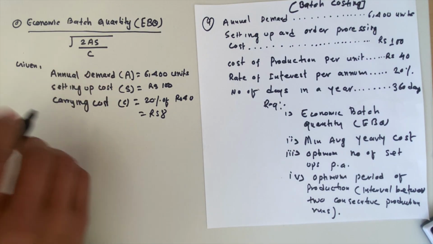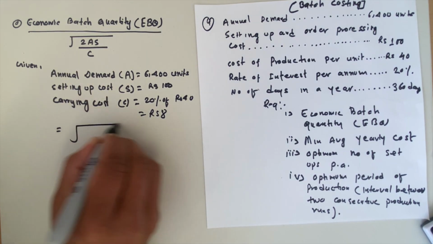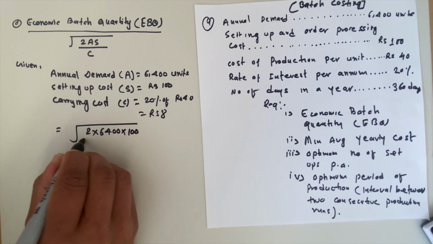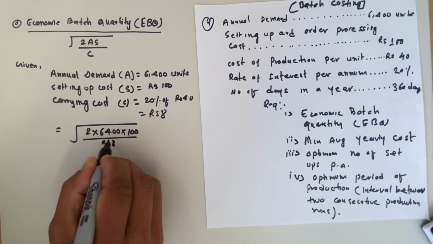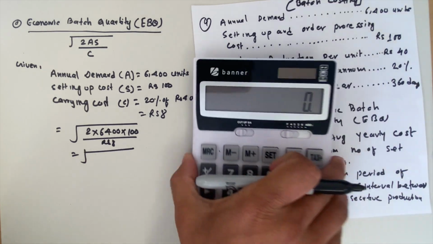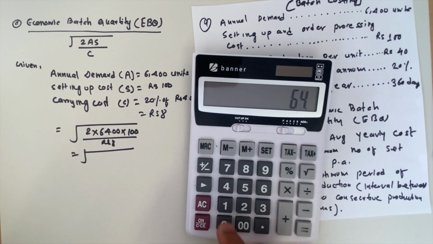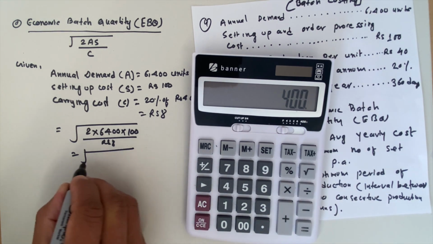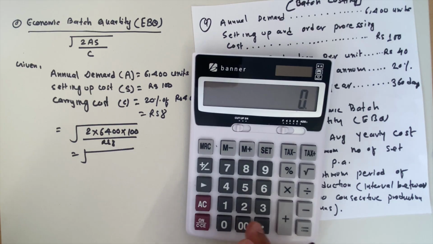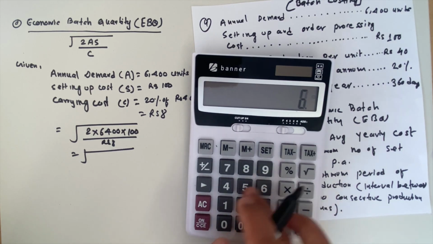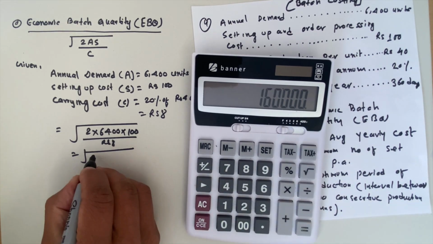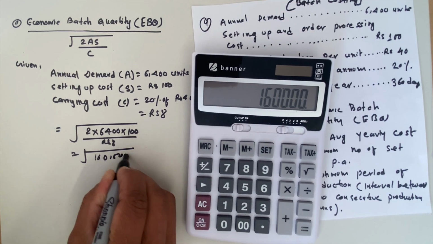So let's put all of these values in the formula. We get 2 multiplied by annual demand 6,400, S is 100, divided by rupees 8, and we take the square root. 2 multiplied by 6,400 multiplied by 100 divided by 8 is 160,000.